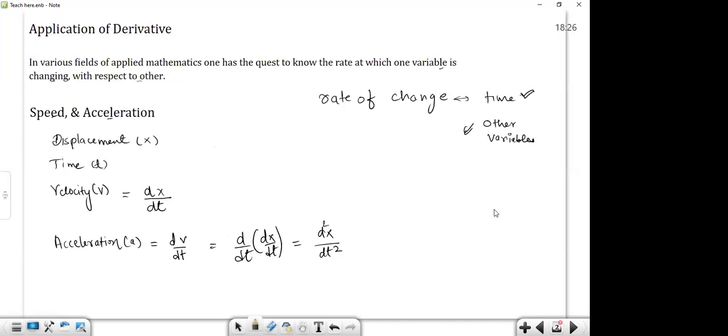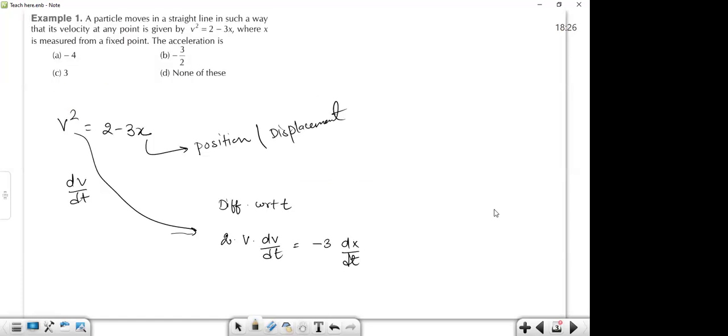As we earlier discussed, dx by dt, where x is position or displacement, is v, velocity only. So 2v into dv by dt is equal to minus 3 into v. v cancels v. And dv by dt, the change in velocity with respect to time, is acceleration. 2a is equal to minus 3. So acceleration comes out to be minus 3 by 2. This matches our option number B.